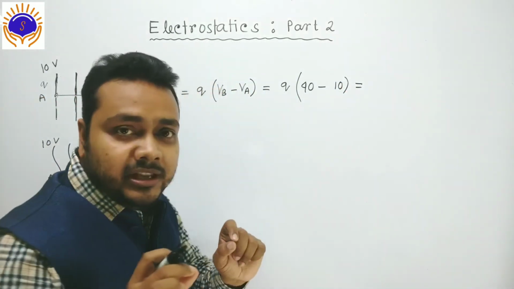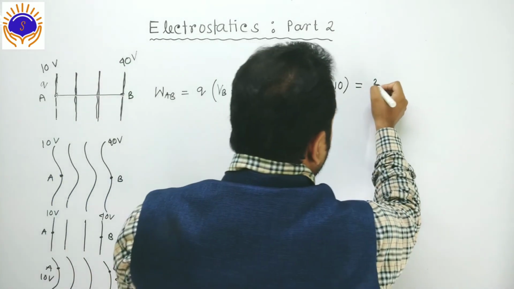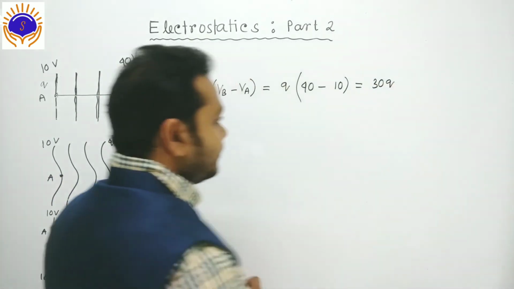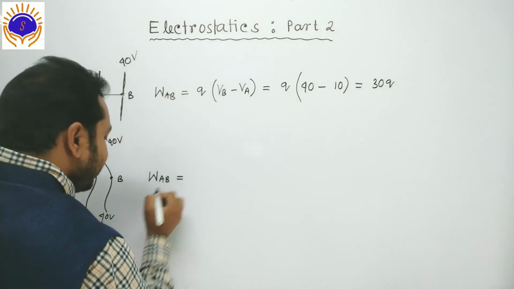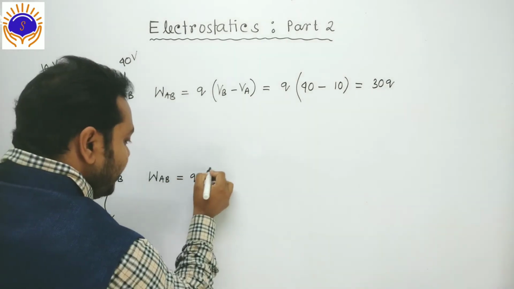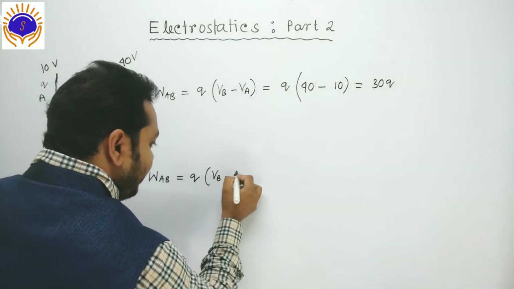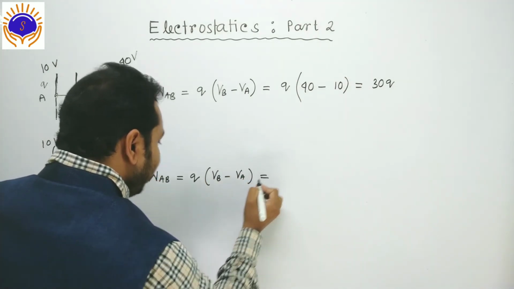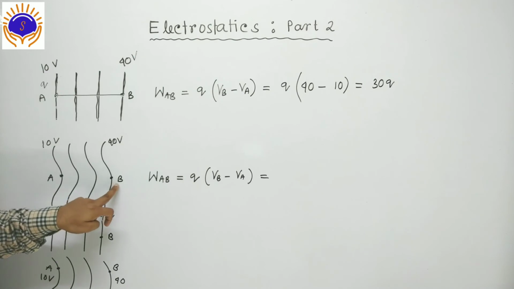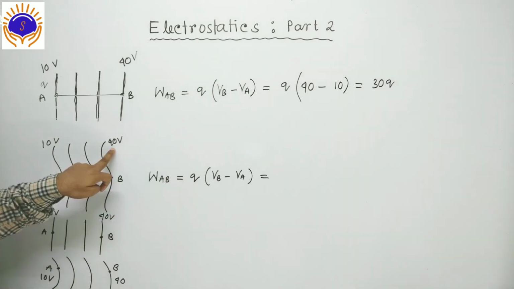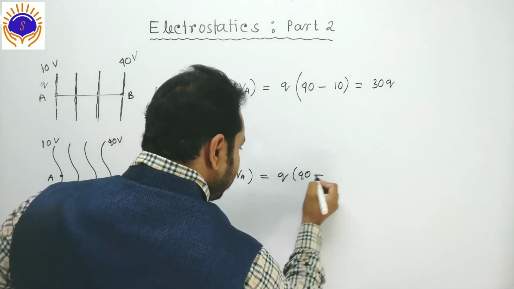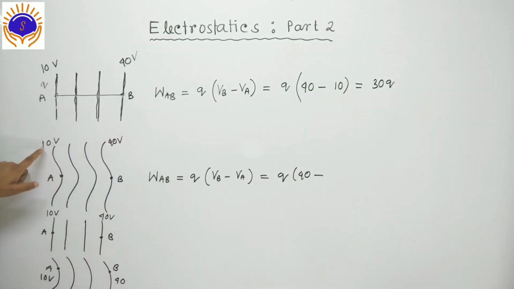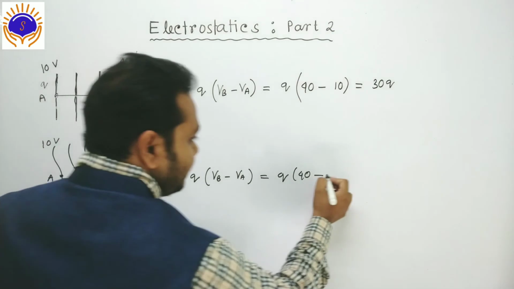So the work done will be 30 Q. Okay, the work done for the second diagram will be Q into VB minus VA, that is, for the point B the potential is 40 volt, and for the point A the potential is 10 volt.